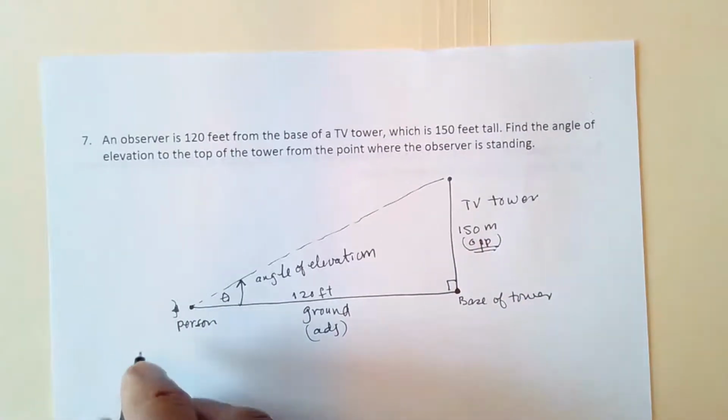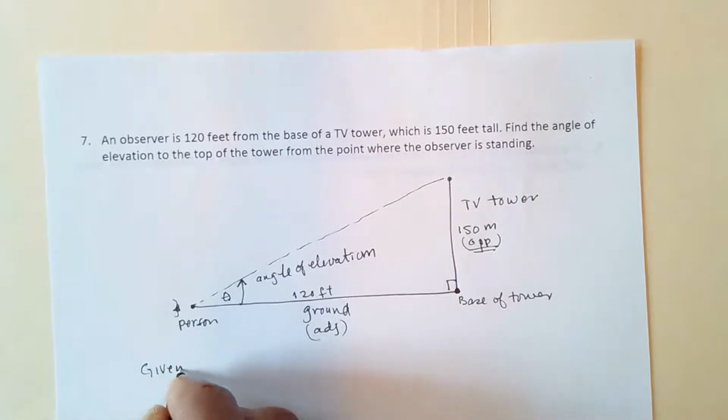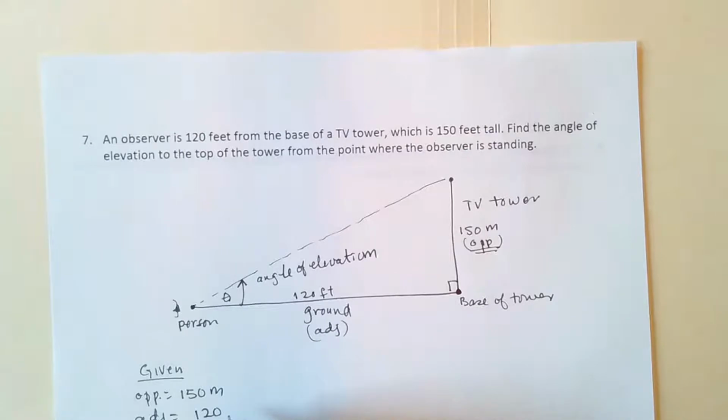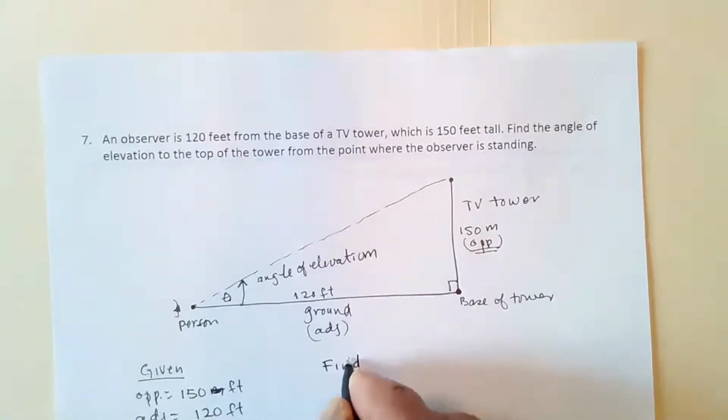Let's write down what's given: opposite, which is 150 feet, and adjacent, which is 120 feet. And we have to find theta.